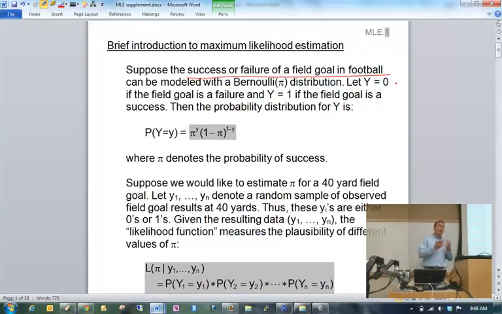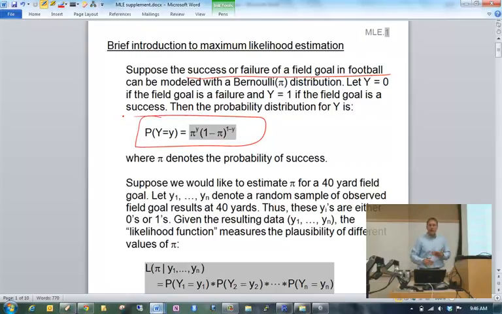Let y denote whether a field goal is successful or a failure. We're going to let y be equal to 1 if it's a success, and y equals 0 if it's a failure. In that kind of setting, our probability distribution is a Bernoulli. That looks just like this. Again, this should look familiar to you. Pi is the probability of success.